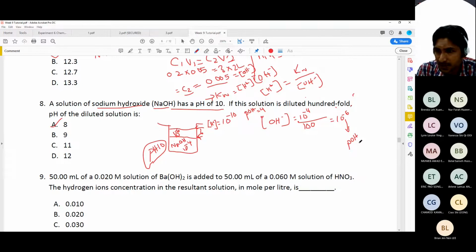For the new solution, the pOH will be negative log of 10 power negative 6, which is equal to 6. Since it is pOH, we can find the pH from the equation: 14 minus 6 is equal to 8. All right, is it okay?